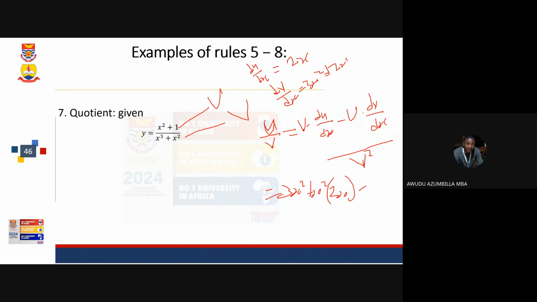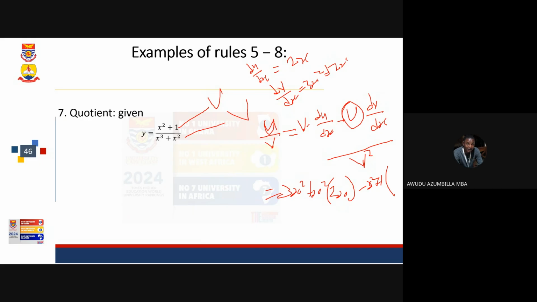Then minus u. You are taking u here. The u here is x squared plus 1. Then you multiply this one by dv.